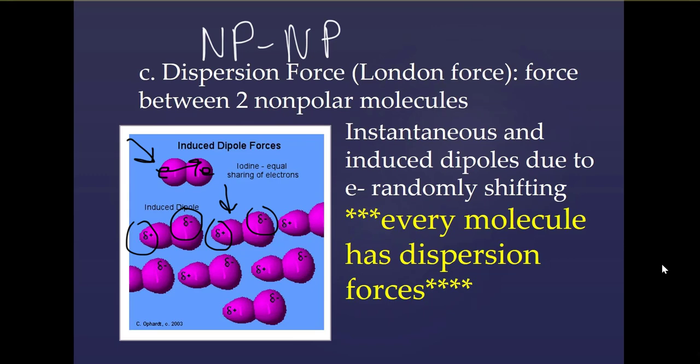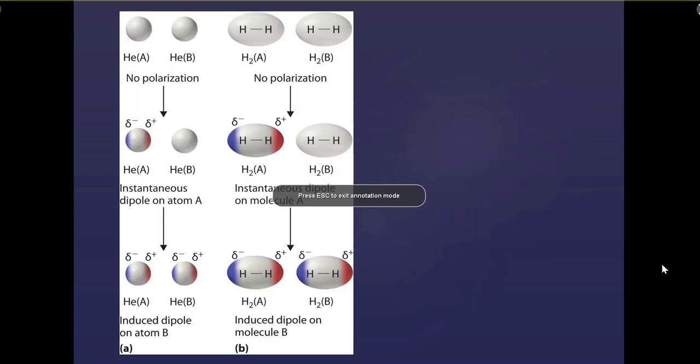In nonpolar molecular solids and liquids, this is the only force that is holding them together as a solid or a liquid. And every molecule, not just nonpolar and nonpolar, has these dispersion forces because every molecule has electrons. And so those electron densities can shift over. When they do that, they may cause a little bit increase in polarity, especially if it's nonpolar to begin with. So this can occur in just atoms.